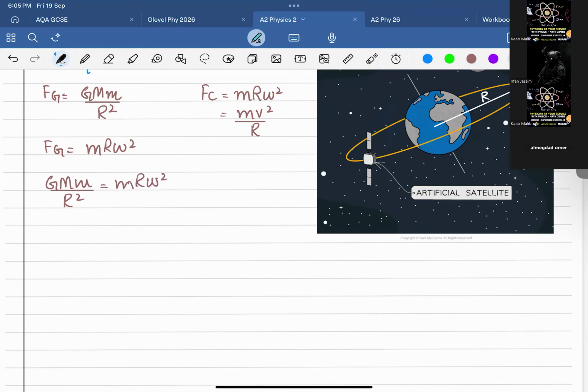But please keep in mind, guys, don't write Fg equals Fc, okay? This is incorrect physics. Although mathematically it is the same thing, according to physics it's not. If you write this one, it means that Fg is a separate force and Fc is a separate force, both different types of force acting on the same object, and they are equal and opposite.